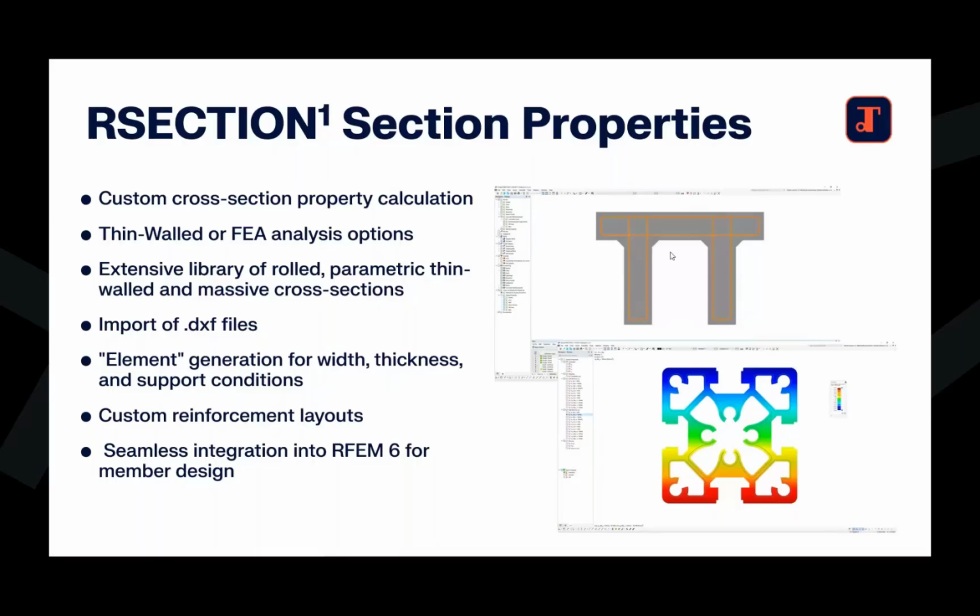So really seamless integration between this standalone program and RFEM 6. That's the entire point here. We also get a nice rendered view of this cross-section once we are in RFEM. It's not a standard line element or any type of general cross-section, but we'll actually see the true rendered section as well as the full design.